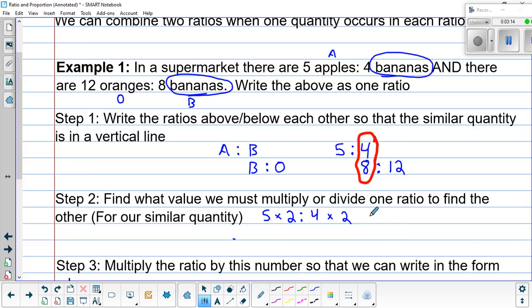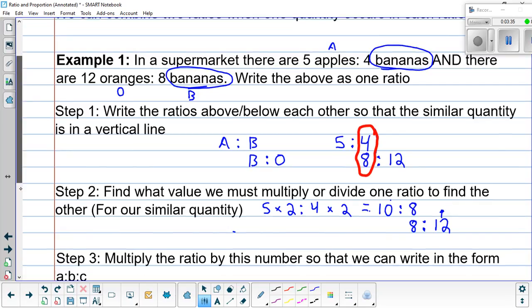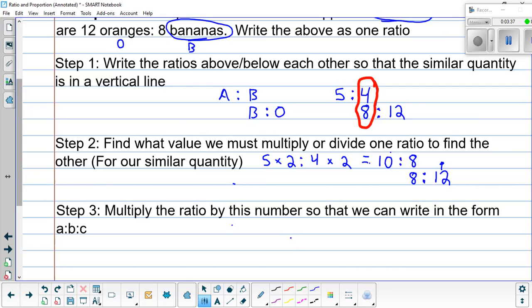So this is going to give me 10 to 8, and the other one is 8 to 12. So now the middles meet, and I'm just moving my 12 up there. So at the end, we can write them in one form as 10 to 8 to 12.